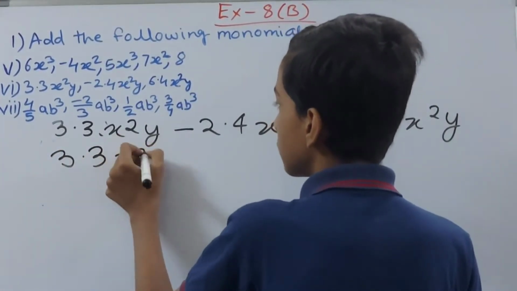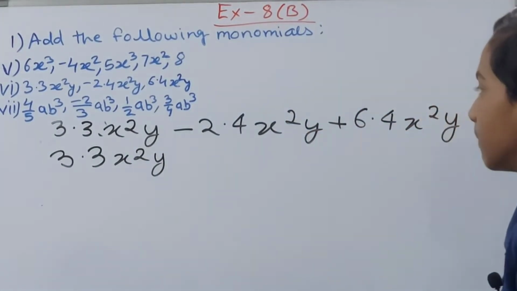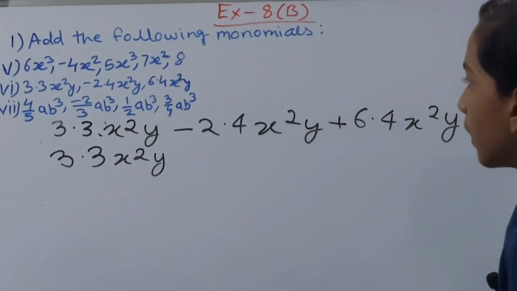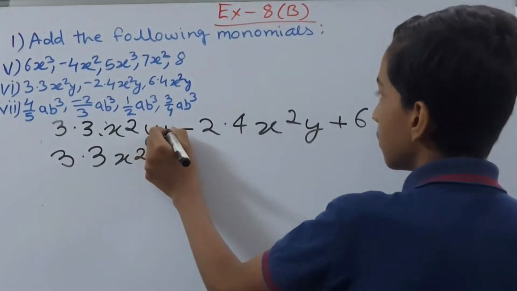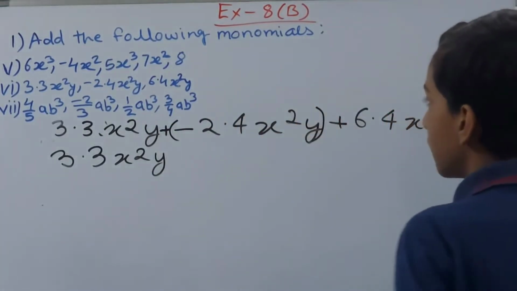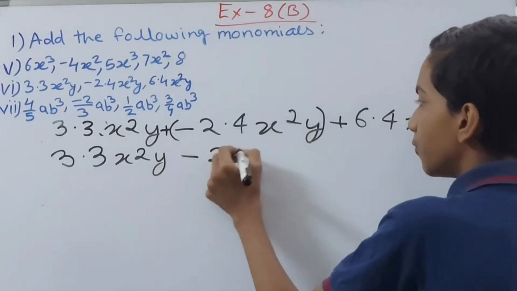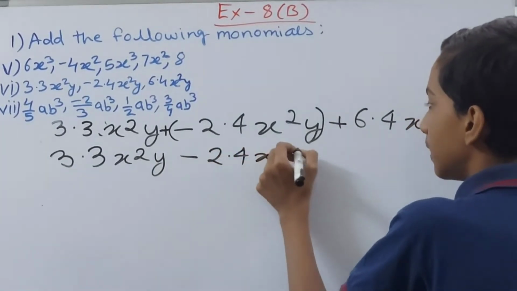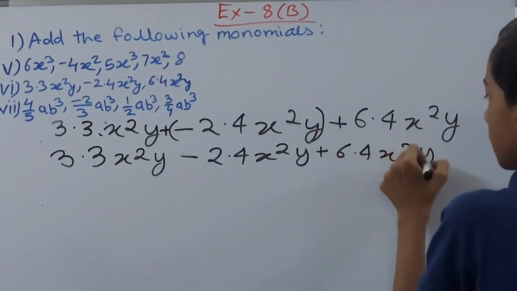3.3x square y. Alright, and over here you can see we'll just put this in brackets, I forgot to do so. So plus, in brackets, minus 2.4x square y. Now you open this bracket up, so plus minus 2.4x square y plus 6.4x square y.